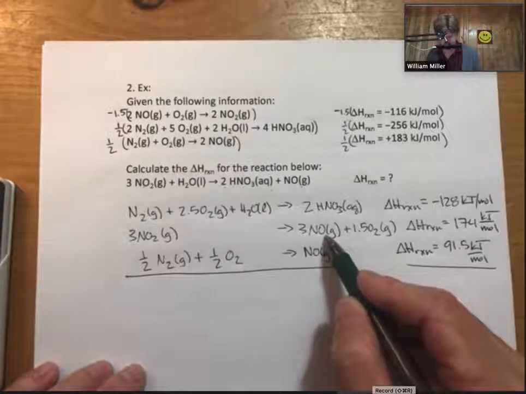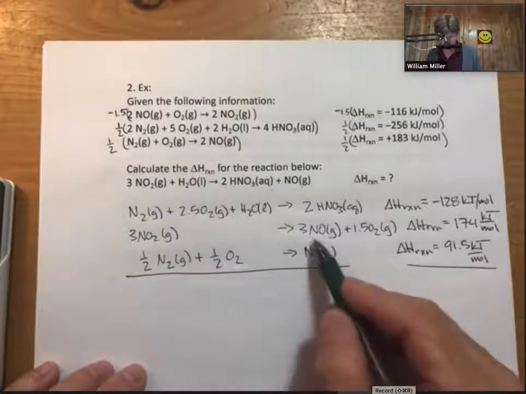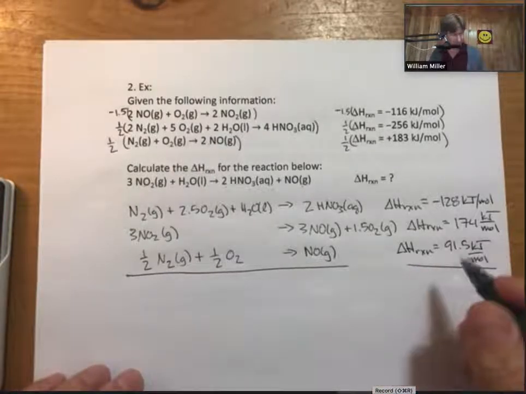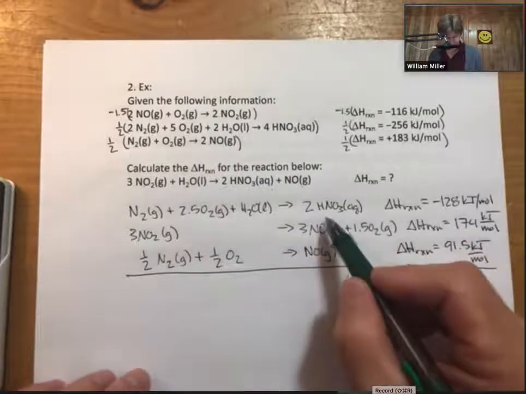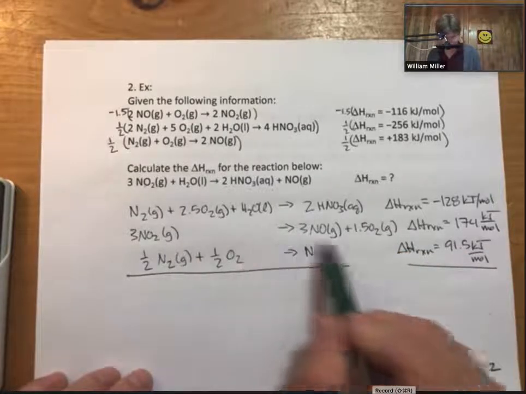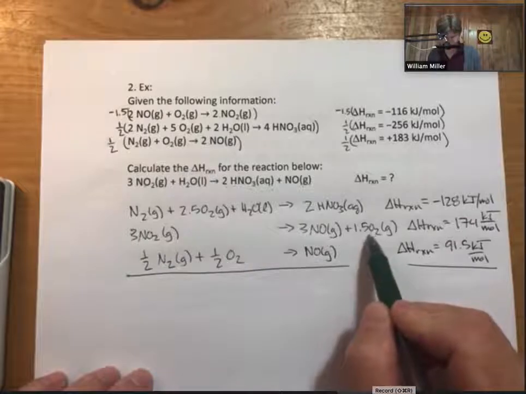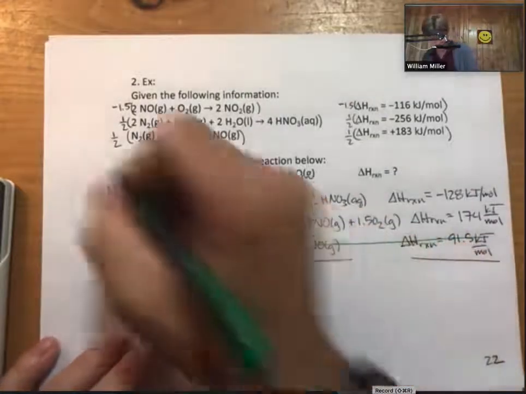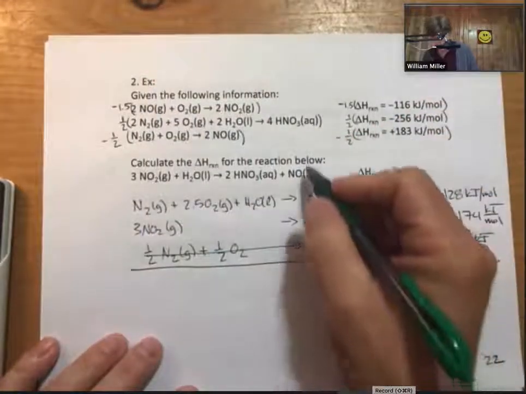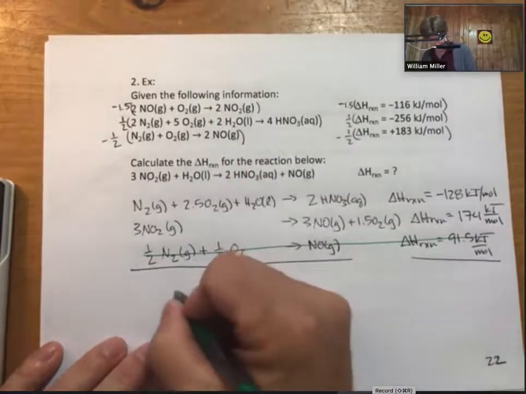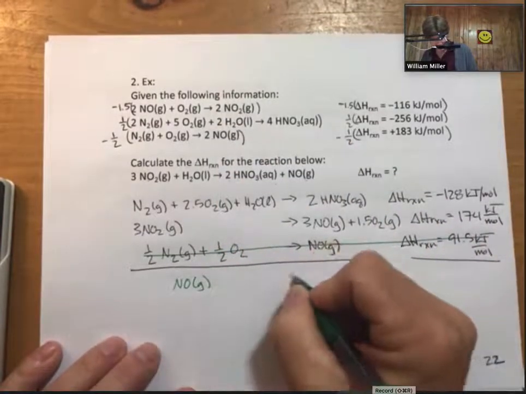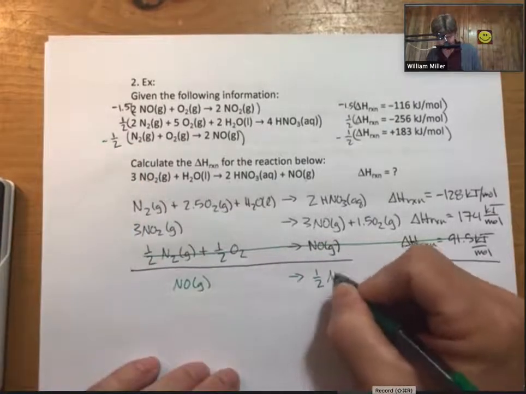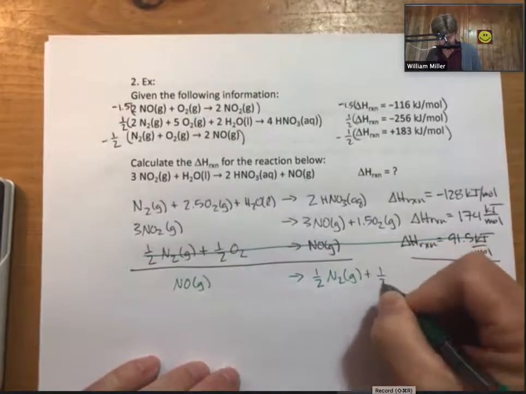NO, N2O, NO. Well, let's see. Let's see, 2.5, 1.5. Oh, this one's backwards. Let's try that again. Minus, minus. Now I'm going to have this last one. It's going to be NO, and half N2 plus half O2.